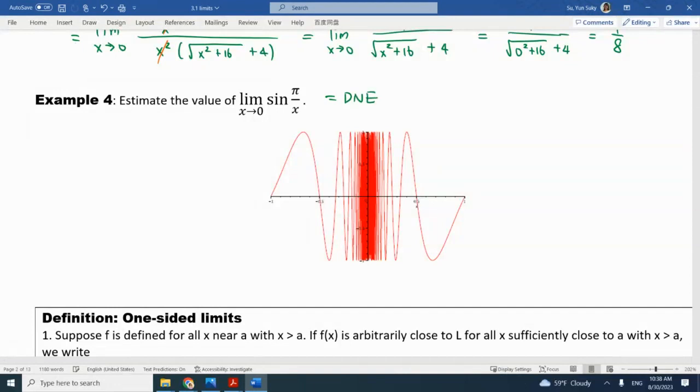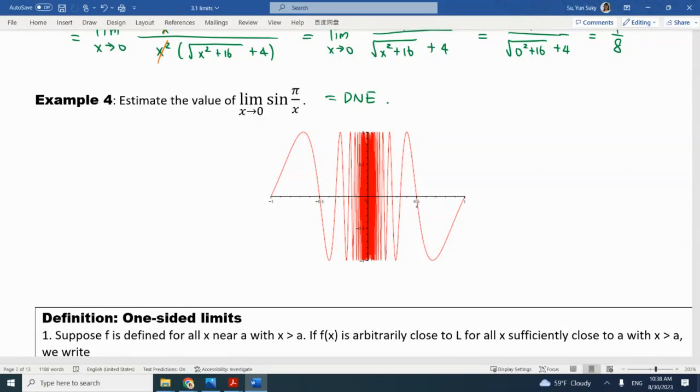So D and E. Okay? So the limit does not exist. You can think of three cases. One case is it actually goes to infinity. The second case is when it goes to minus infinity.